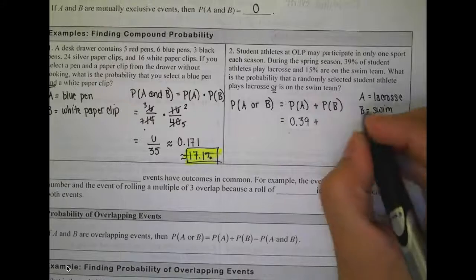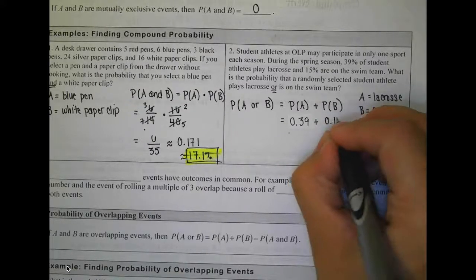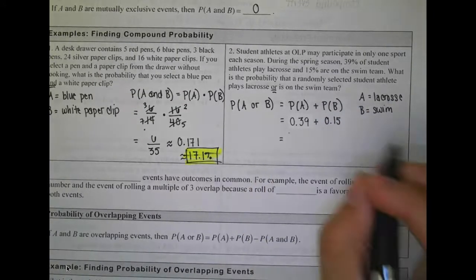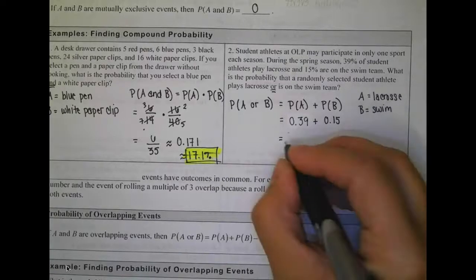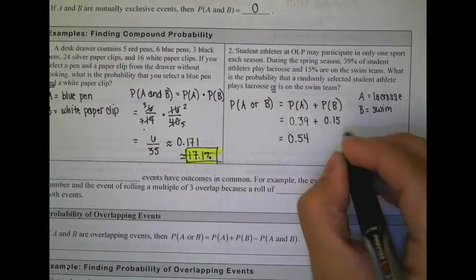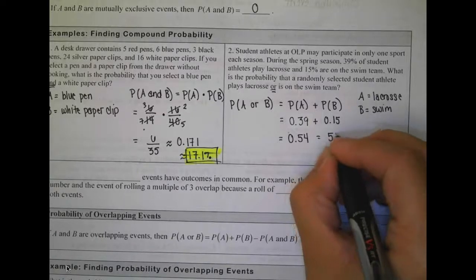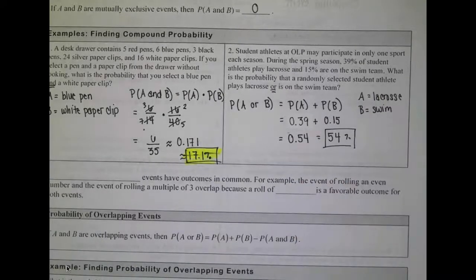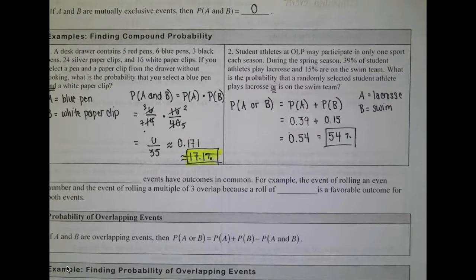And the probability that a student is on the swim team is 15%. So, if I add these two together, I'm going to get 54%. So the probability that a randomly selected student athlete plays lacrosse or is on the swim team is 54%.